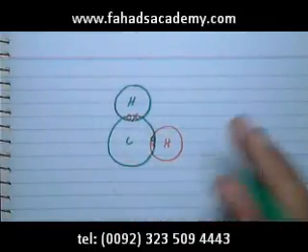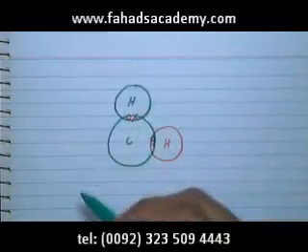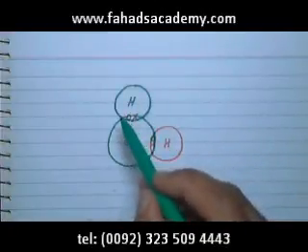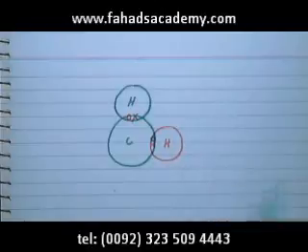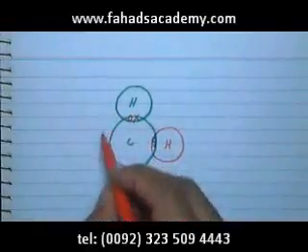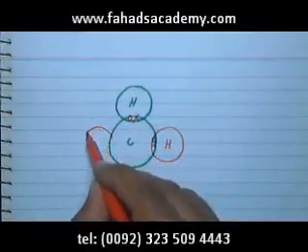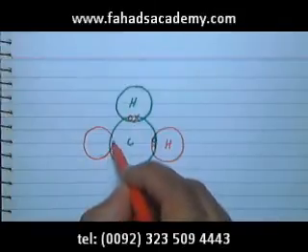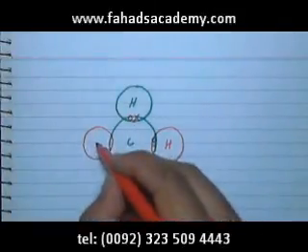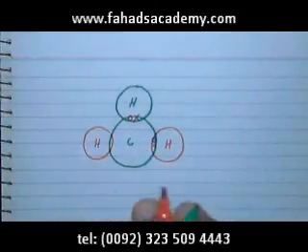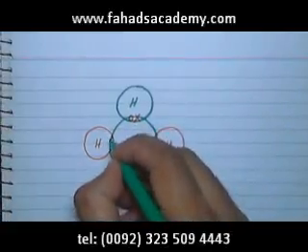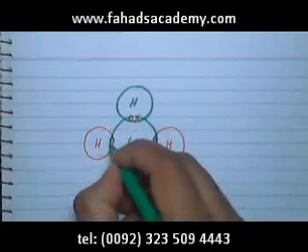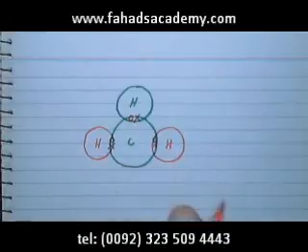Now hydrogen has completed its outer shell, it has shared one electron, but carbon still needs to share two more electrons. So there has to be another hydrogen, and that hydrogen would share one electron with that carbon, and the carbon would share one electron back with that hydrogen.